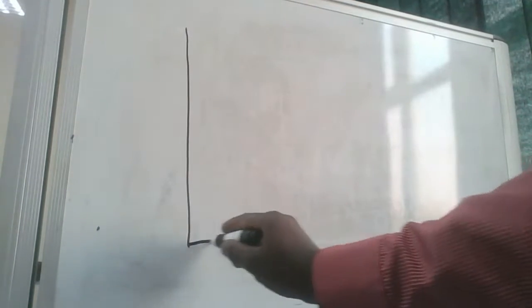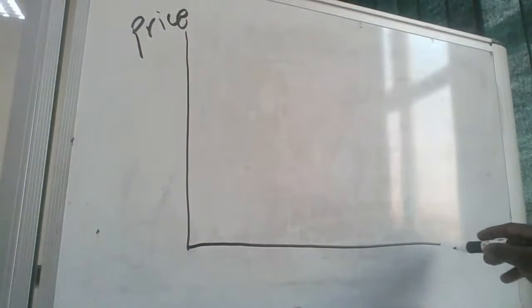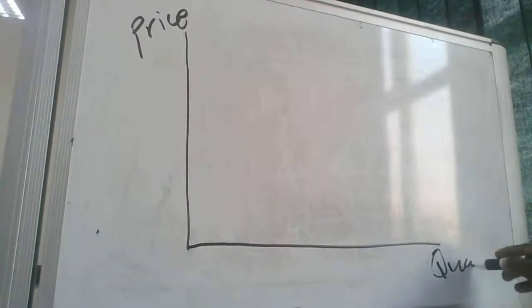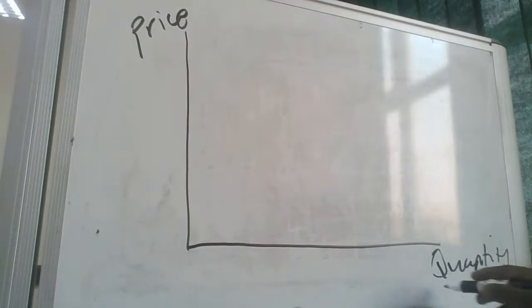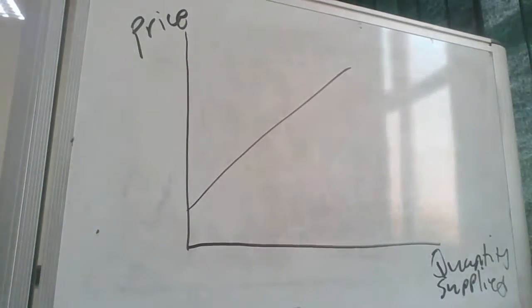So we have established one side of the market. The other side we have is the supply side of the market. Now, a traditional supply function or a supply curve is upward sloping. So we have quantity supplied here. We take the upward sloping curve and we label it supply.